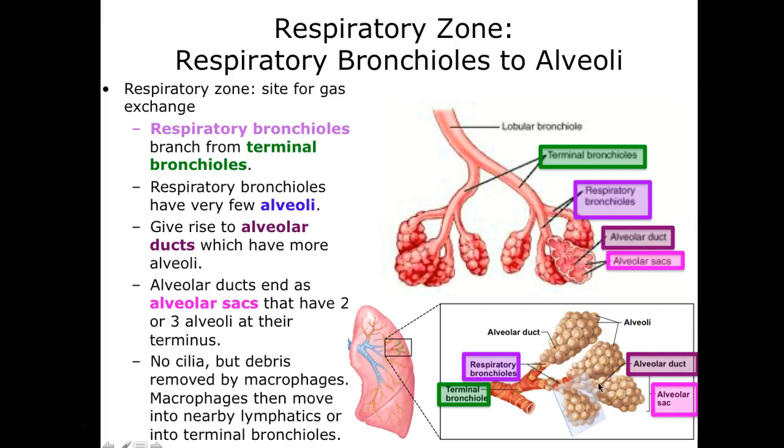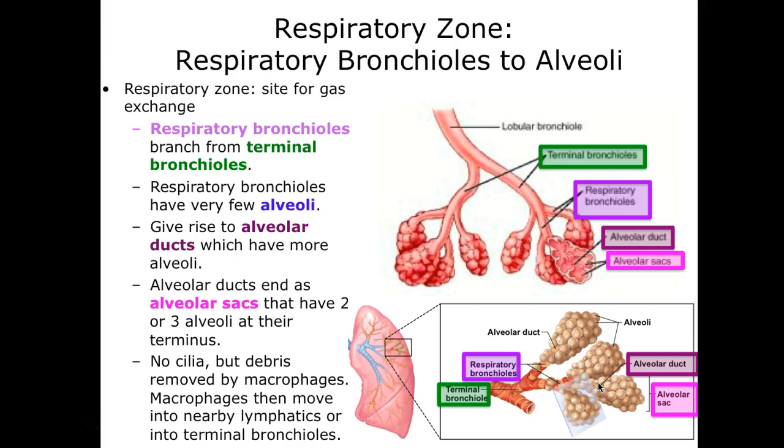And from the alveolar ducts, we get our alveolar sacs. So you should know these structures in order as we descend down into the lungs, starting from the trachea down to the primary bronchi, secondary bronchi, tertiary bronchi, bronchioles, terminal bronchioles, respiratory bronchioles, alveolar duct, and alveolar sacs.